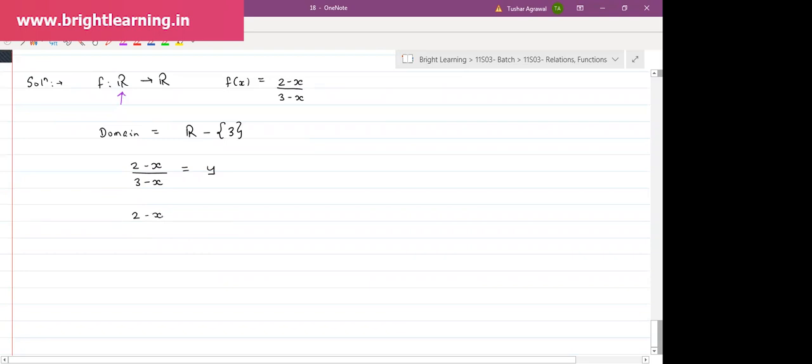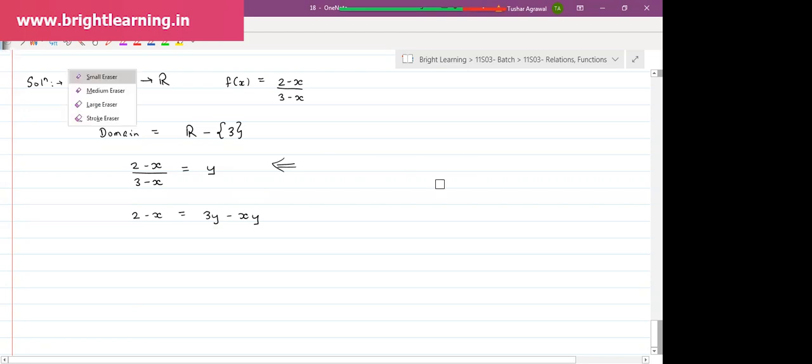So 2 minus x is equal to 3y minus xy. My target is to bring x as a formula of y. Right now I have y as a formula of x. I want to write x as a formula of y.